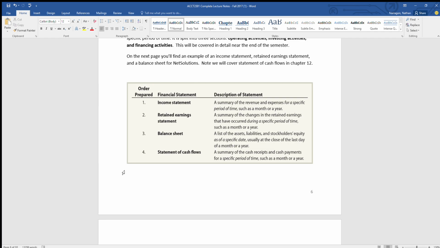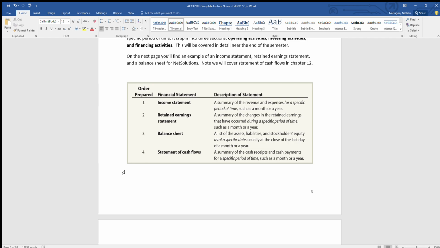Net income is needed for the retained earnings statement. So then we prepare the retained earnings. We find the ending balance of the retained earnings, and then it feeds into the balance sheet. Notice it feeds in. Now, the balance sheet does have accounts that are not part of the other statements, so we can already put them in. But basically, in order to prepare it, we're just feeding in that specific information.